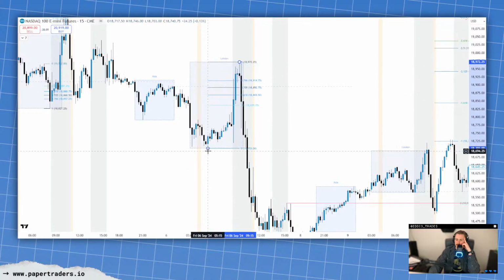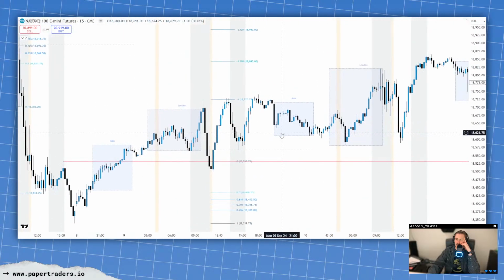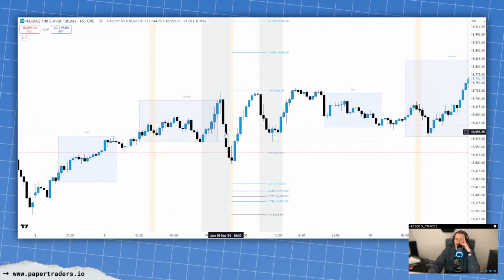Or sorry, just that last 15-minute swing high and swing low right before open. Yeah, there's 9:30 and 618. Swing high, swing low. It's 9:30.